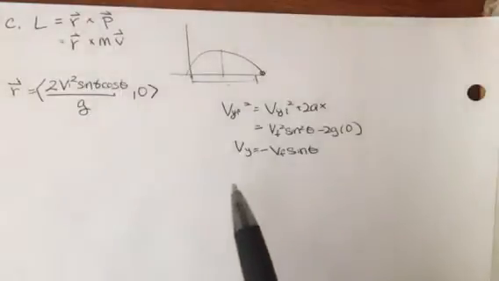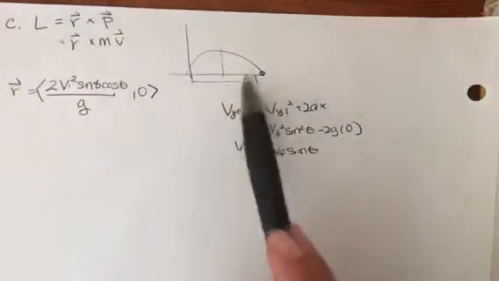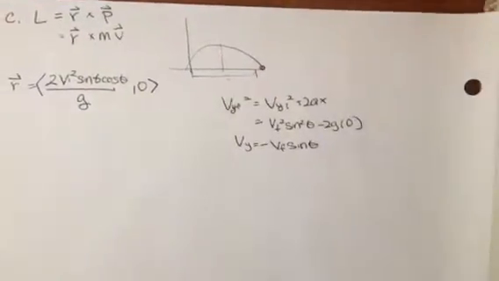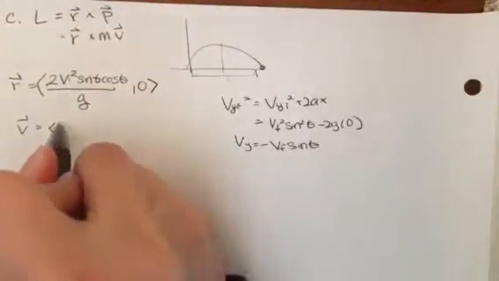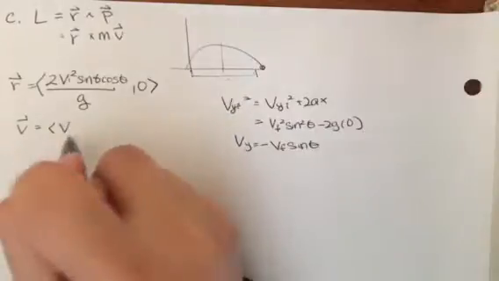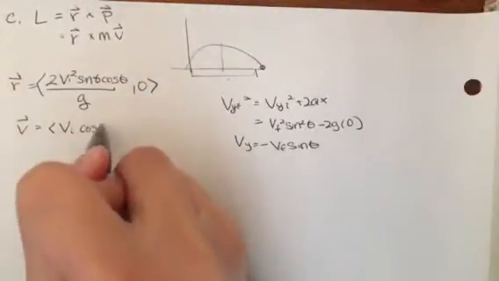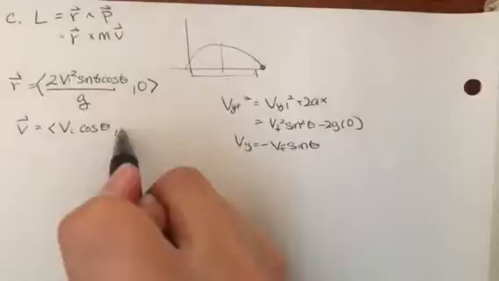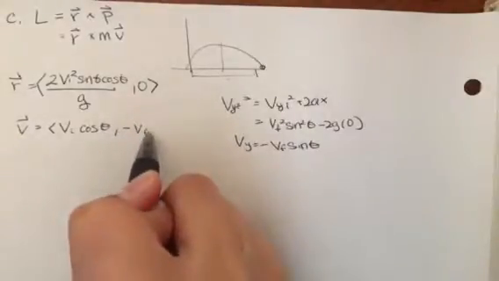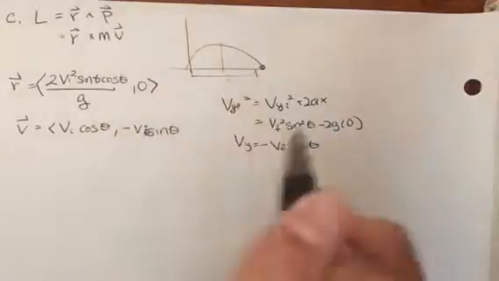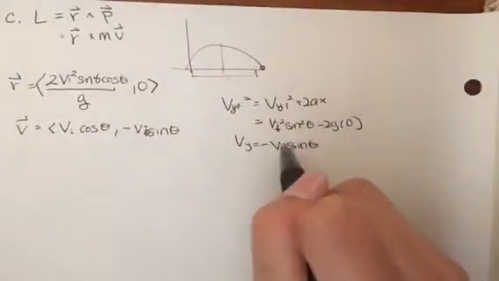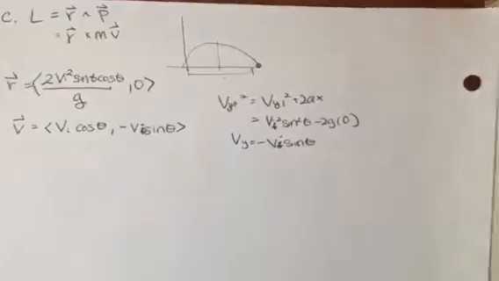And you know that the V_x does not change throughout, so that component will stay the same. So your velocity then becomes V_i cosine theta, comma, negative V_i sine theta. I got myself confused. Okay.